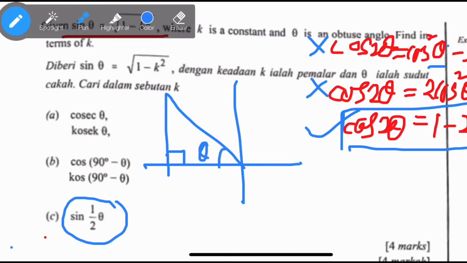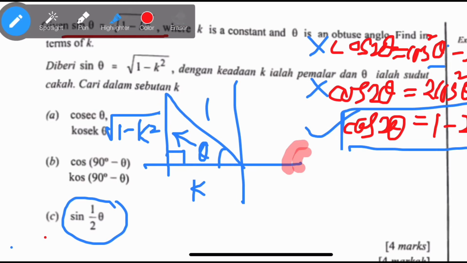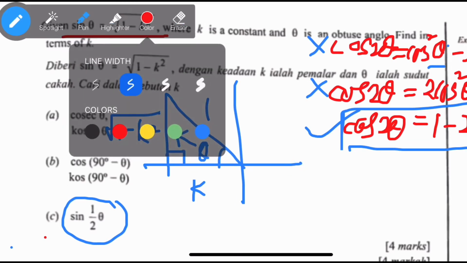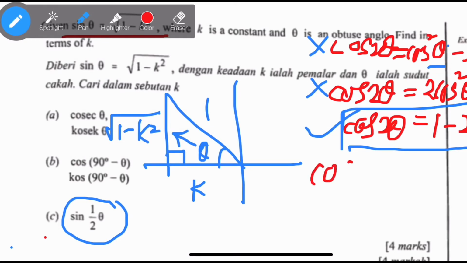Okay, so now you draw a triangle. Like just now, we label the sides of the triangle: square root of 1 minus k square, and 1, and the other side we found just now is k, right? Okay, so after you label the sides, you can modify the cos 2 theta formula.